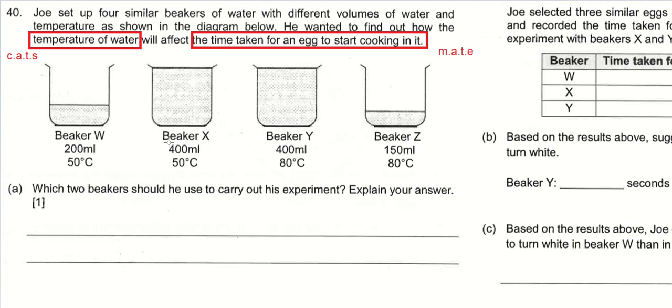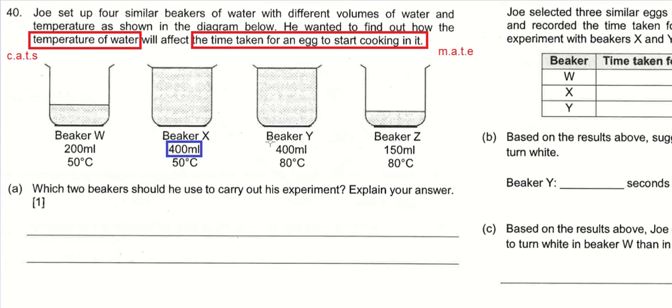The volume is the same, and you cannot change the volume in this experiment because you can only change the temperature. Everything else is the same, and the temperature is different. So that is exactly what we want. The answer would of course be X and Y, okay?